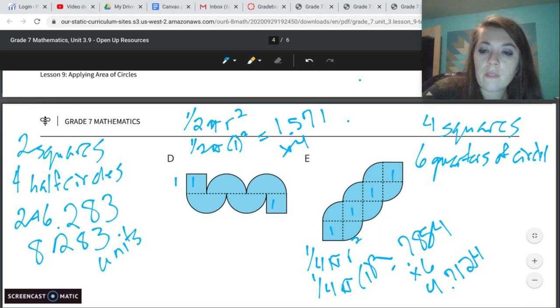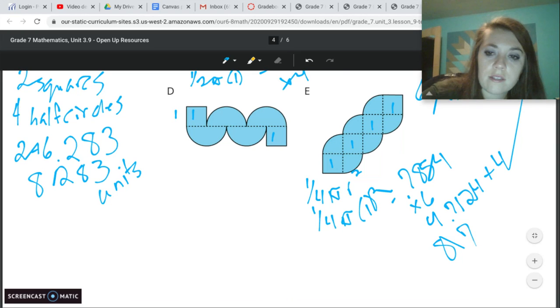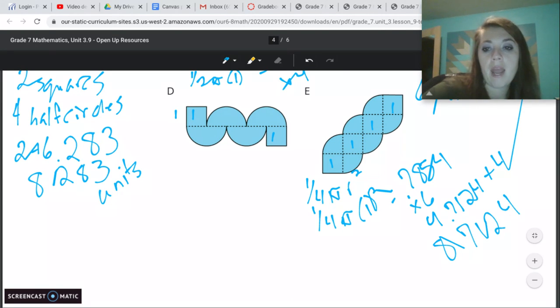So now this is going to be added to the 4 from the 4 squares up here. And so when we add 4 to that, we're going to get 8.7124. So if we compare these, which one's bigger?